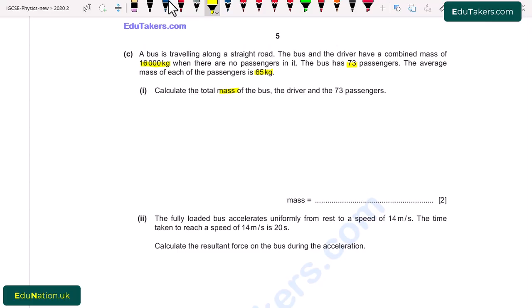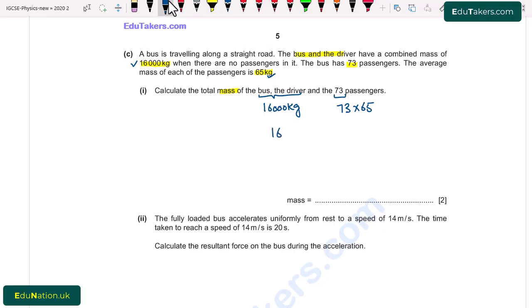In the question it is given that the bus and the driver have a combined mass of 16,000 kg, and for 73 passengers, each passenger has a mass of 65 kg. So I multiply 73 with 65 and then add both of them to get the total mass.